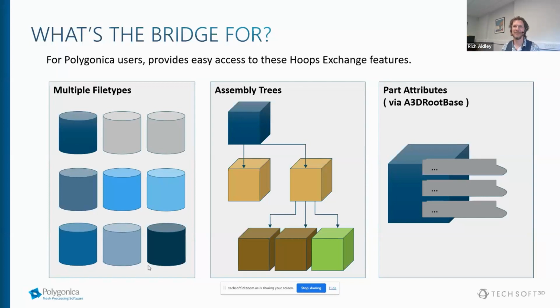If you're doing buildings and they've got things inside them, rooms, desks, electrics, components like that, where you want to be able to tunnel all the way down through a tree view. Lastly, HOOPS Exchange provides access to attributes on CAD data, which is pretty important because this stuff's stored very differently in different file formats. So the fact that HOOPS Exchange gives us a common way of finding that is really valuable.